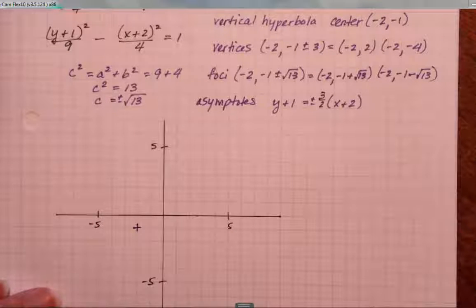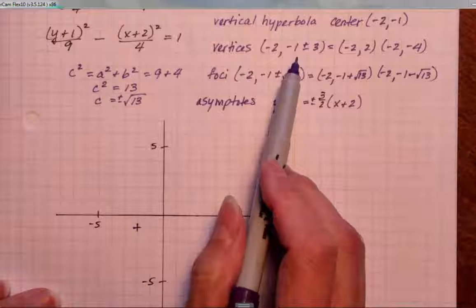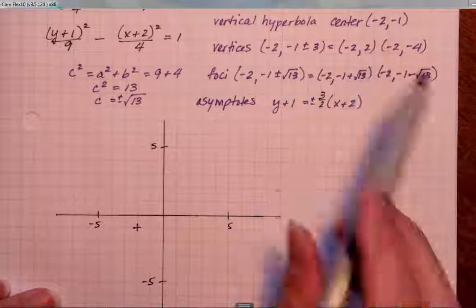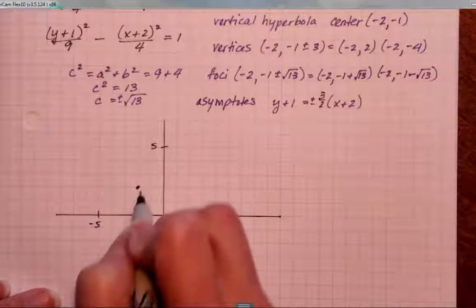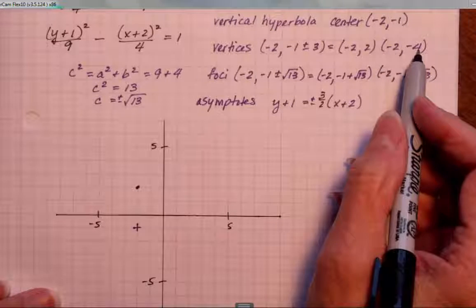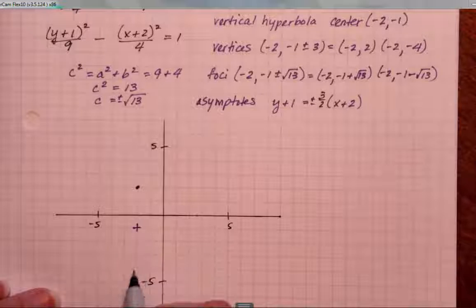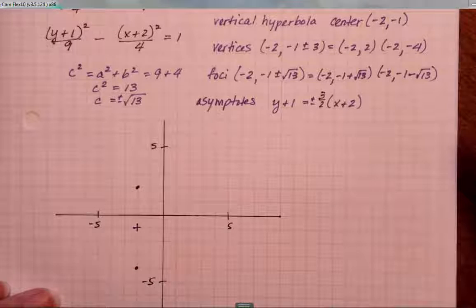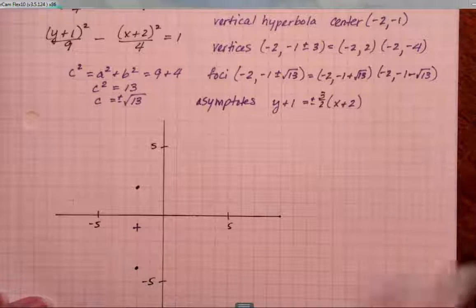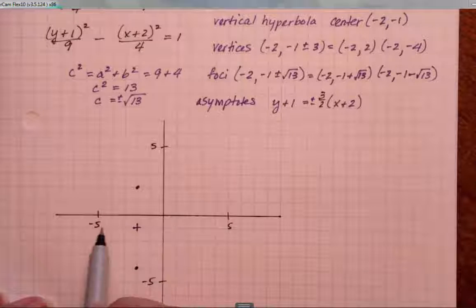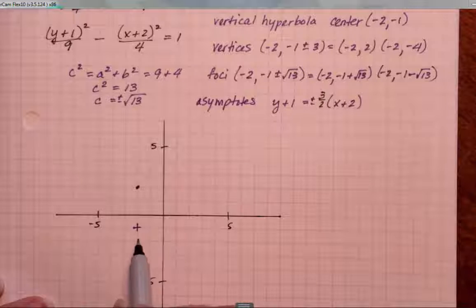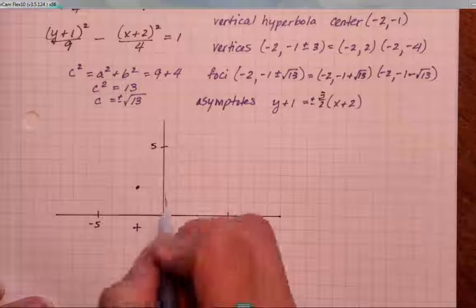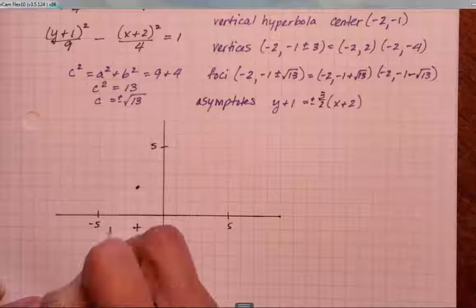From that, I'm going to be able to figure out where my vertices are. -2, 2 is my one vertex, and -2, -4 is my other vertex. My transverse axis, I know that I'm going to be going in the x direction, my b amount, which is plus or minus 2. So I need to have that point figured out so I can draw my asymptotes correctly.